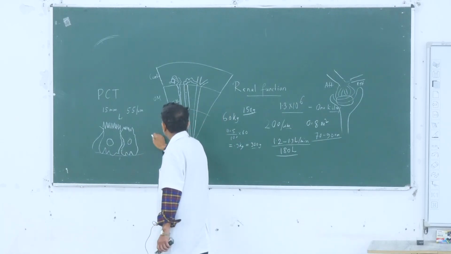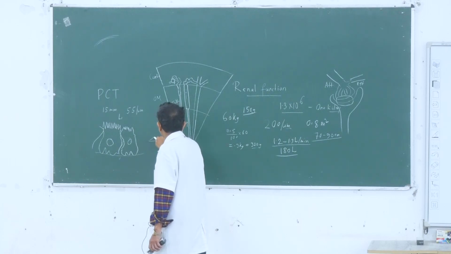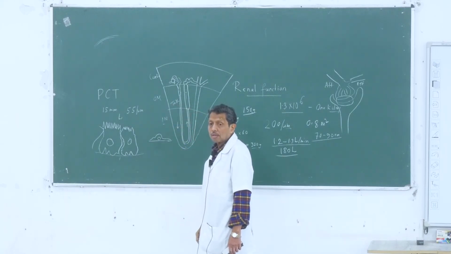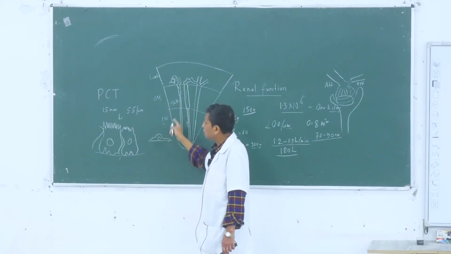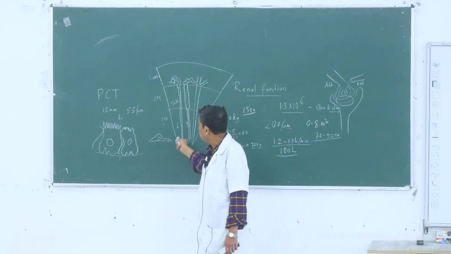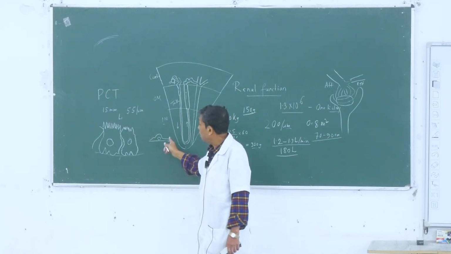In this case, this type of cells are seen. They can transport urea from outside to inward. Some transporter is there. They are highly permeable to water.